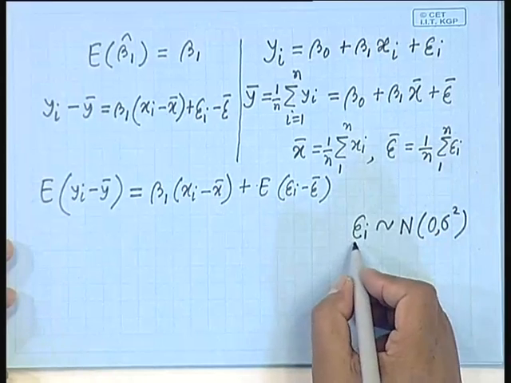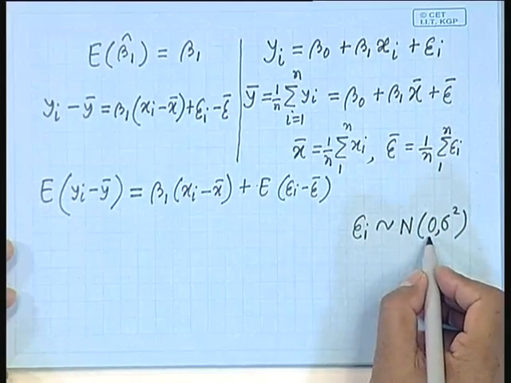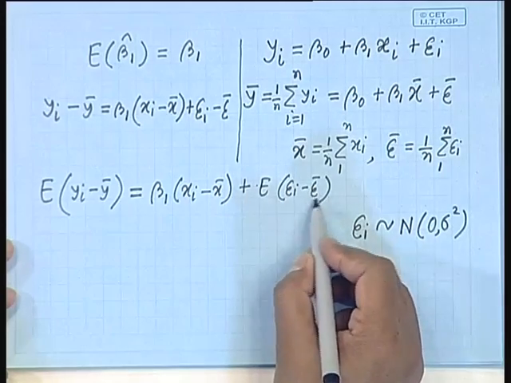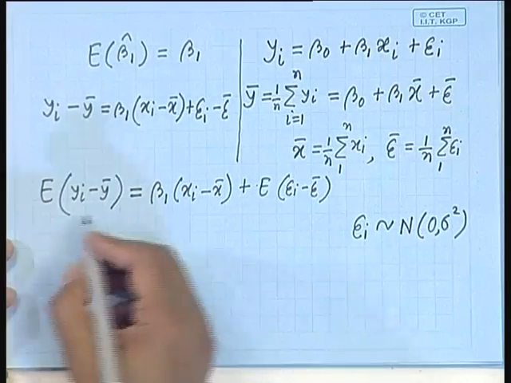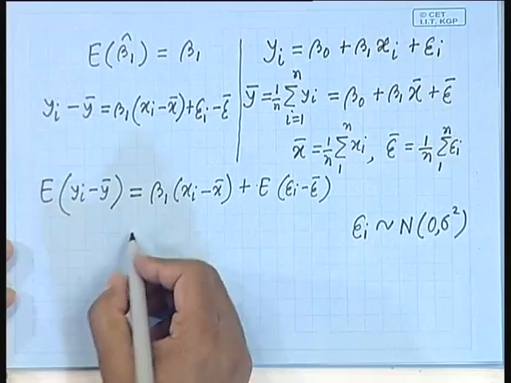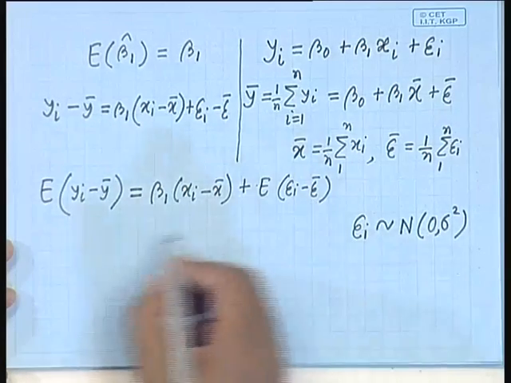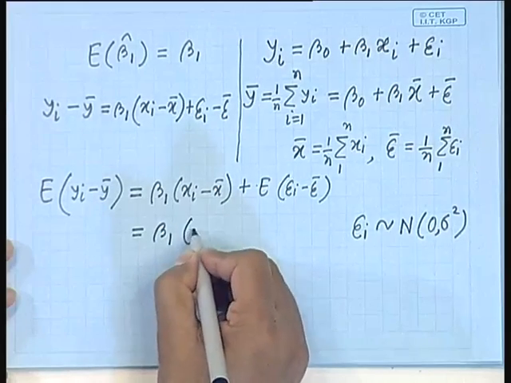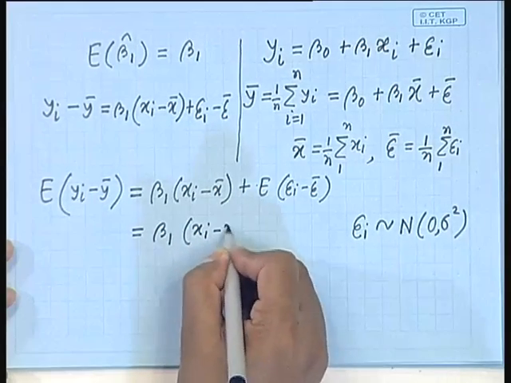So, the expected value of epsilon I is equal to 0, and similarly the expected value of epsilon bar is also equal to 0. So, the expected value of yi minus y bar is equal to beta 1 into xi minus x bar.